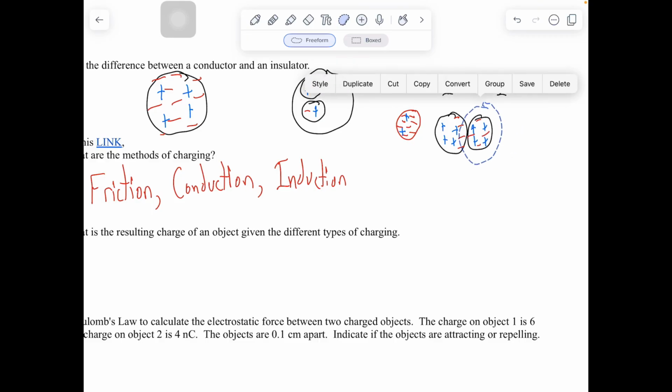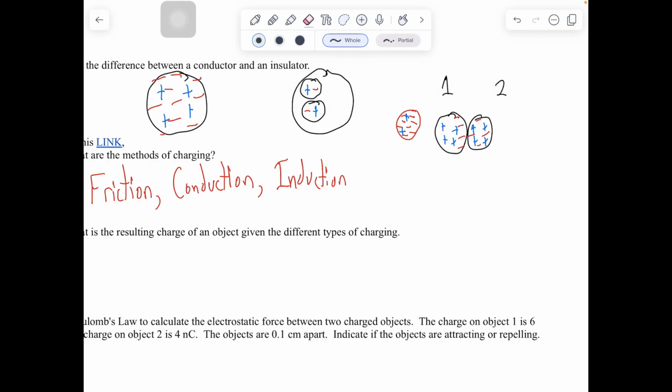Those negative charges, they hop on over. So, if we take this negative charge, they want to get as far away as possible. Let's draw back in our circle. Now those negative charges, they're all over here, as far away as possible.